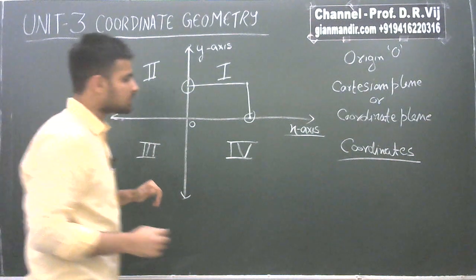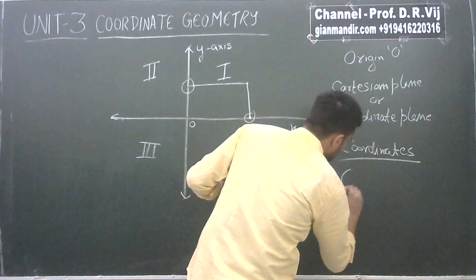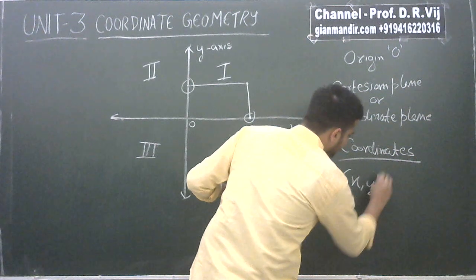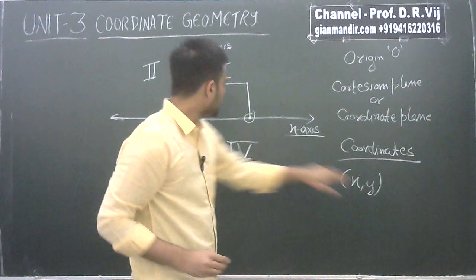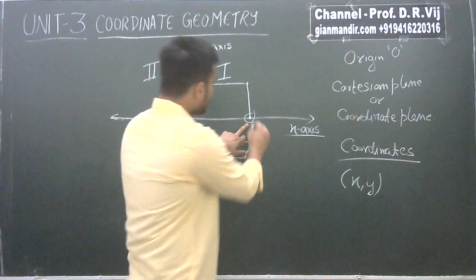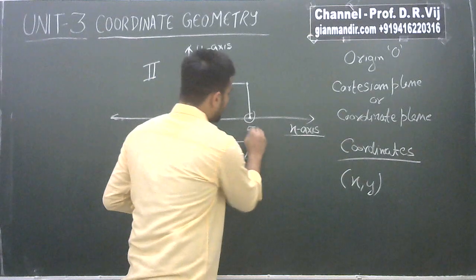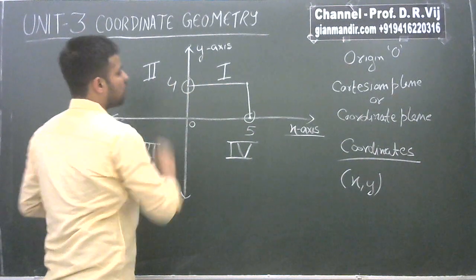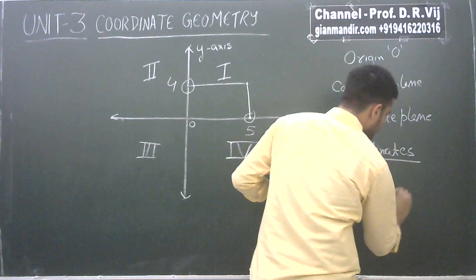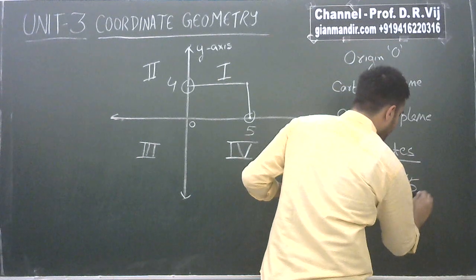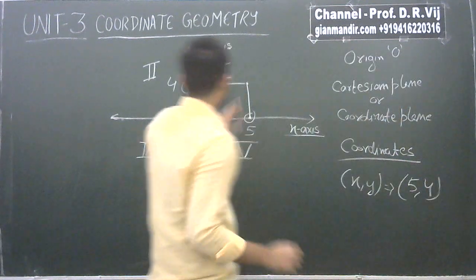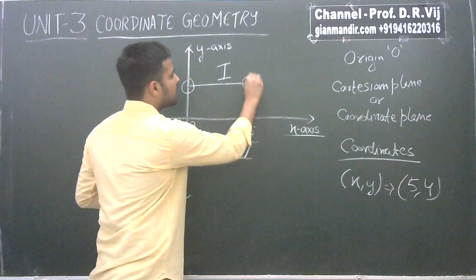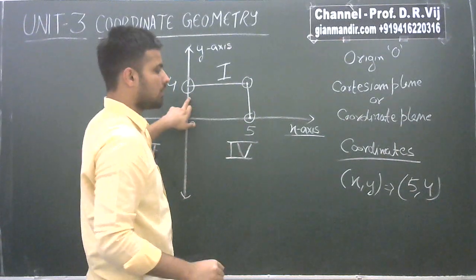And how are coordinates written? They are written as (x, y), where x is the value of the point on the x-axis. Let's suppose it is 5 and this is 4. So the coordinates of this point will be (5, 4).